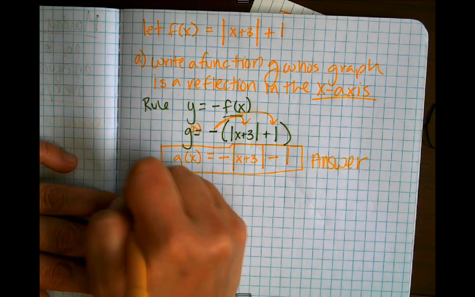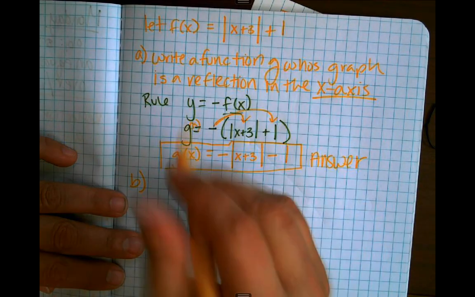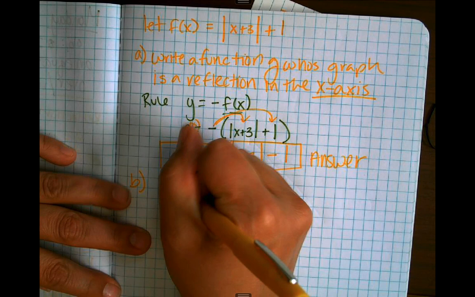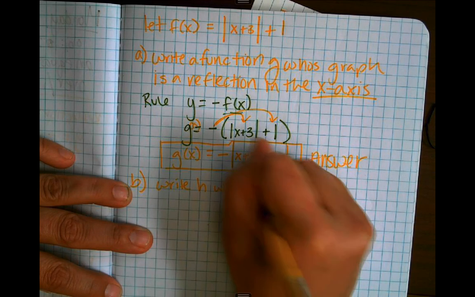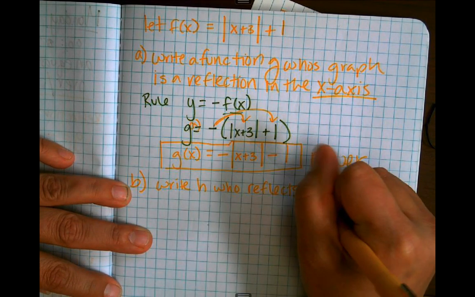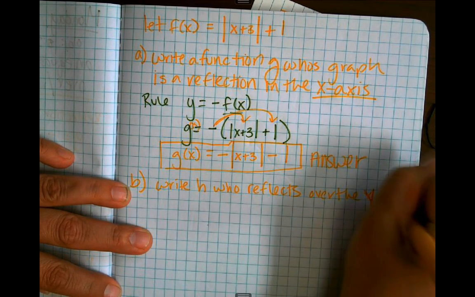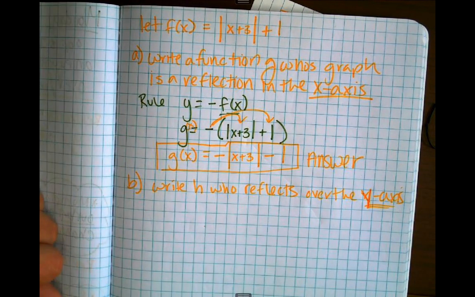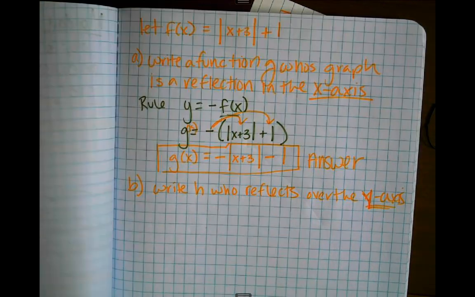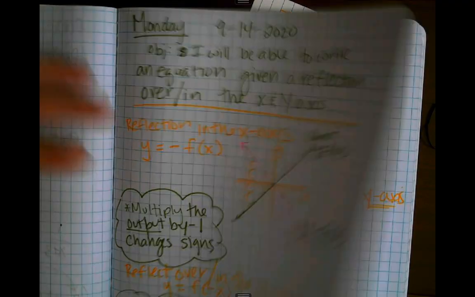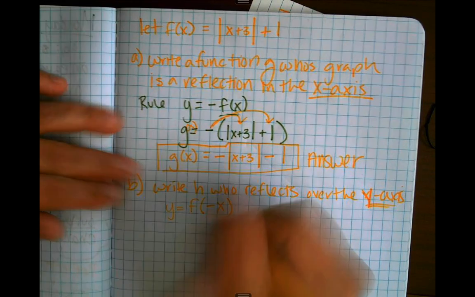Okay, B is the same thing, but we're going to write a function h. So same function, but we're going to reflect over the y-axis. So I would look at my notes, and I say, oh, that's inside. So my rule is y equals f of negative x.